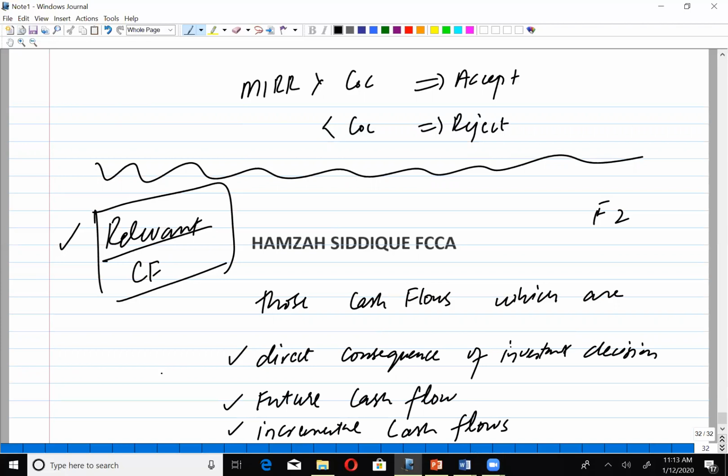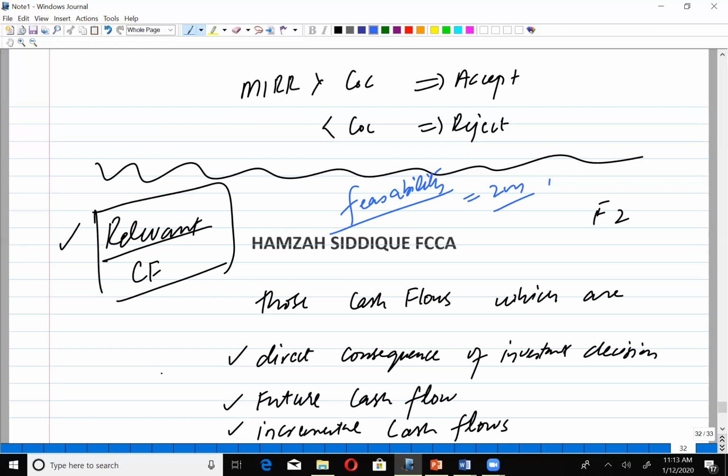So let me give you some examples to explain it. Students, we did a feasibility study of a project and spent 2 million, to decide whether we should undertake the project or not. Is it a relevant cash flow?